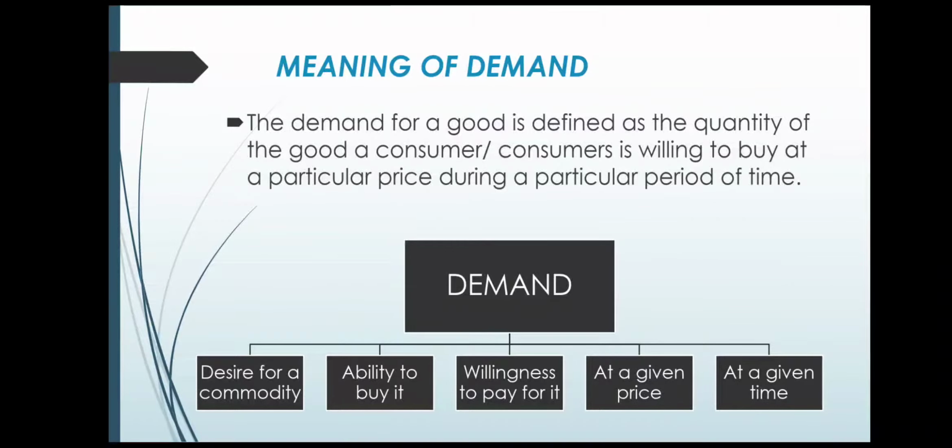So, we saw that demand consists of 5 elements, that is desire for a commodity along with ability to buy it and willingness to pay for it, and at a given price and at a given time. So all these 5 things have to be present, only then it can be called as demand.